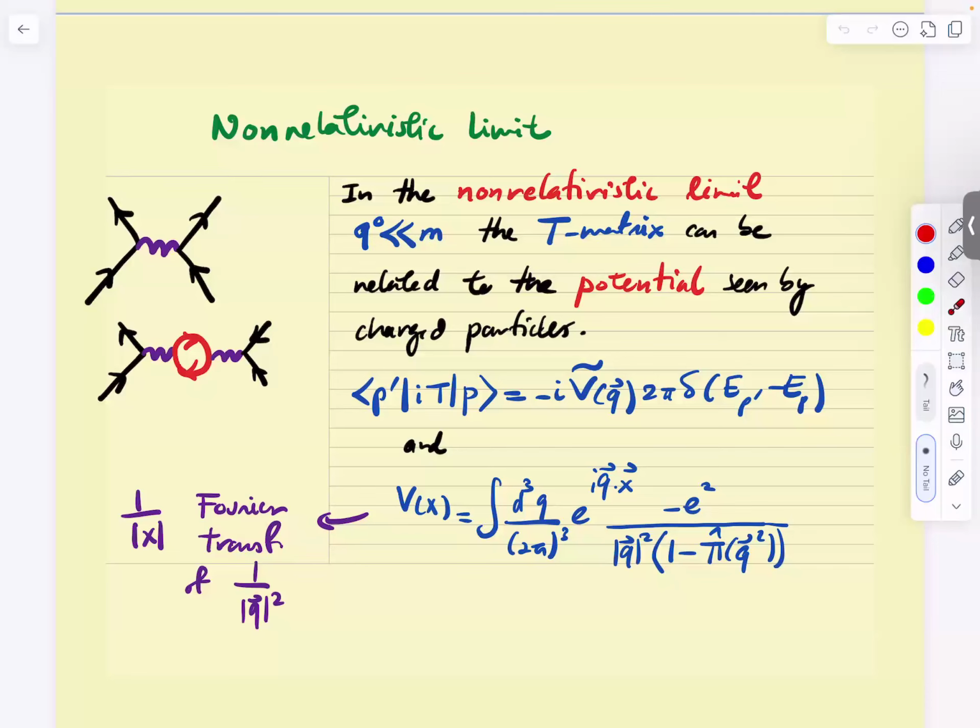There's a lot that you could read off from the expression that we just calculated, this correction to the propagator. Let me write it on the board again.